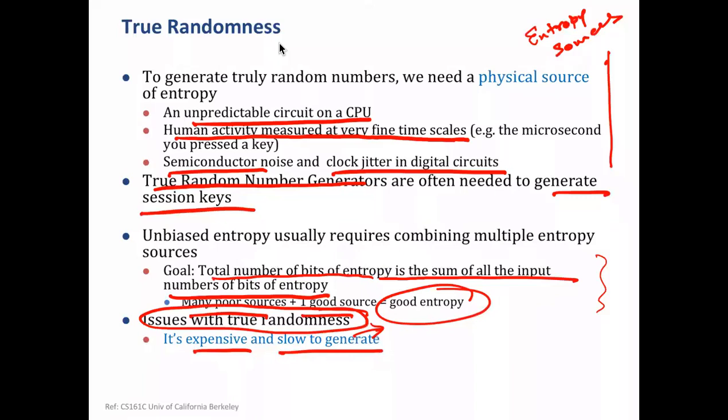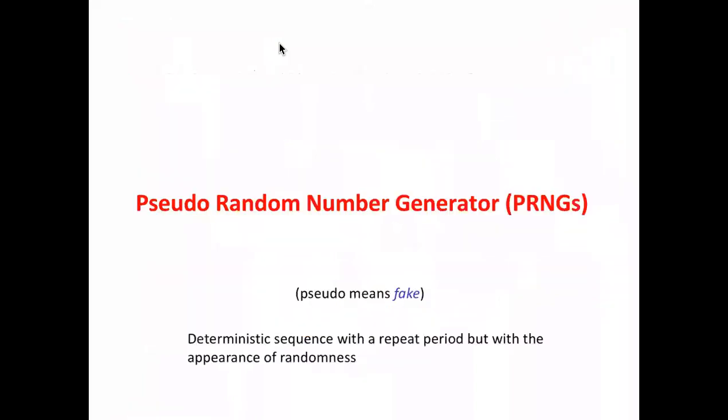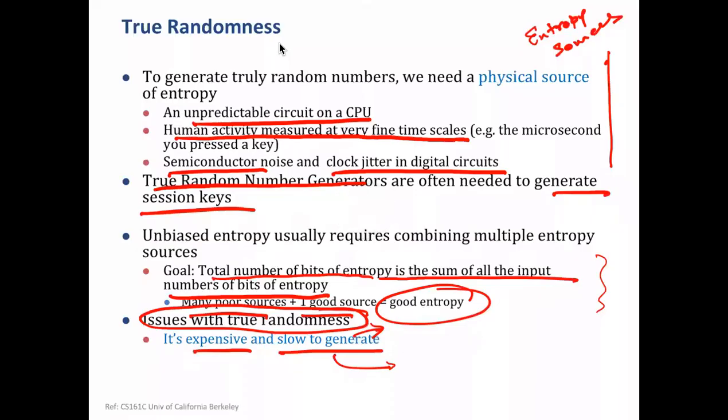There must be some circuit or some physical element that will give you true random numbers, right? And how much time does it take? That's also important. In general, it's slow and expensive. So now the question is that you can always create sources for true random numbers.